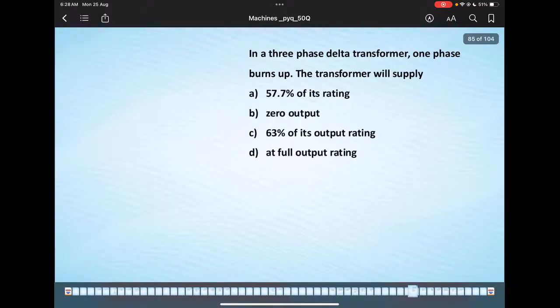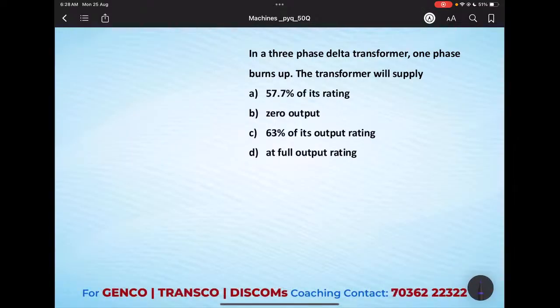Okay, let's move on to the next question. The next question is about a three-phase delta transformer where one phase burns up. I think in the last session we already discussed this question, but some new students have joined, so we'll explain the question again.